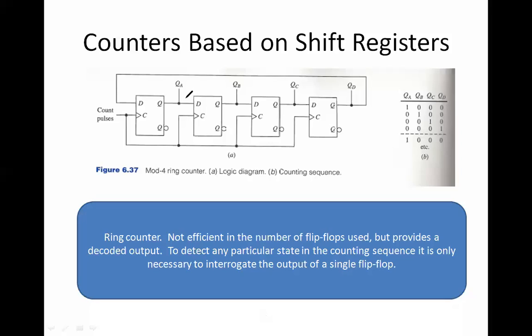This value passes through here, then this value passes here, and this goes here, and this final value is fed back as feedback, and again it comes back to our input. So this is a total ring.